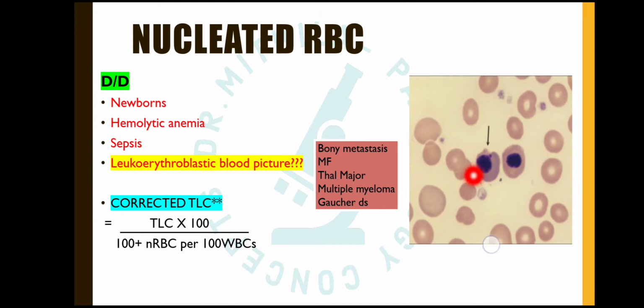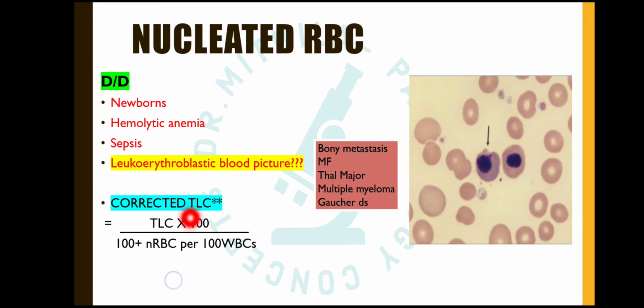When we see nucleated RBCs in the peripheral smear, how do we identify them? Because the cytoplasm matches that of the RBC. Sometimes when the cytoplasm is less, we confuse it with a small lymphocyte, and in the counter also we get an increased total leukocyte count, because even the counter identifies this as a WBC.